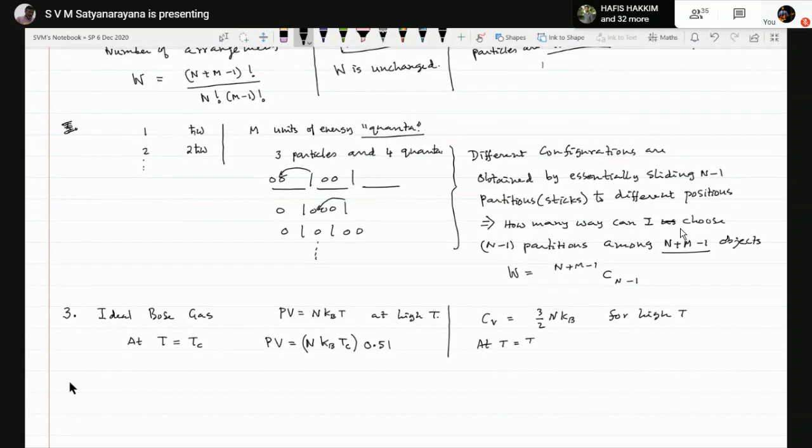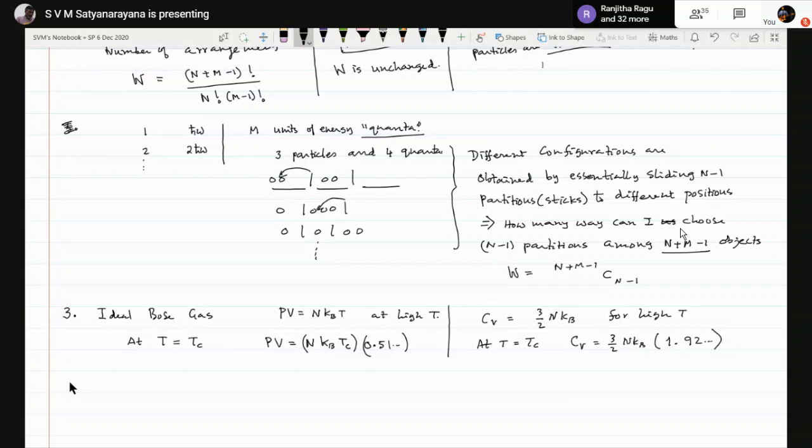At T equal to Tc, you will see that the specific heat is 3/2 n kB times something like 1.992, or something like that. There may be some more decimals here. But that means it is roughly 2 times the ideal gas value of the specific heat.